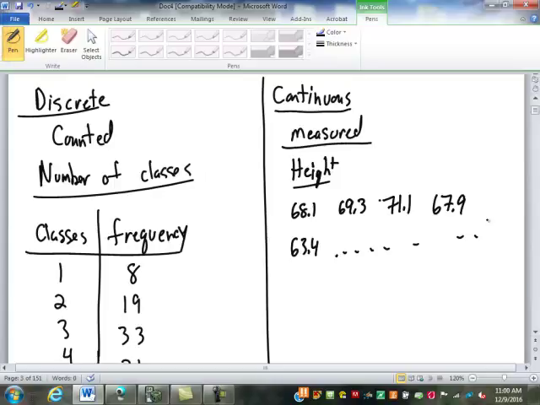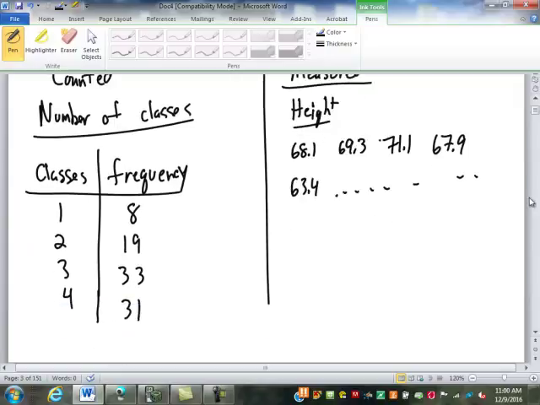The thing with continuous is you have to have quite a few measurements to make it worth making a table, because we're going to have to group them together. The reason it's grouped is, if you're measuring to the 10th or the 100th, there's no way you can list out each individual value and make it work. So we might have to make ranges.